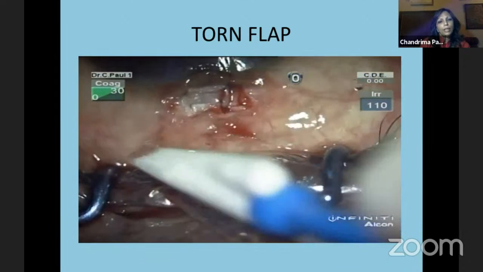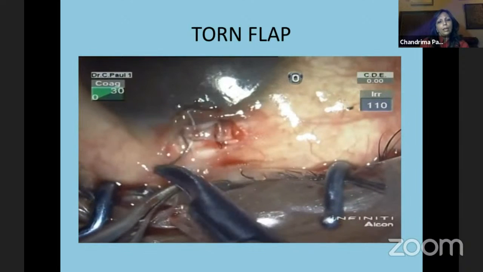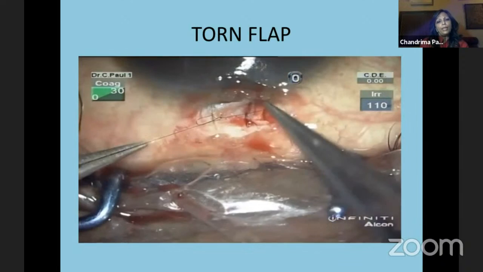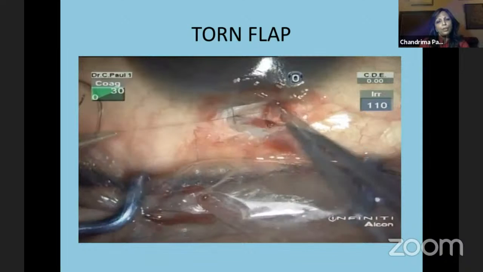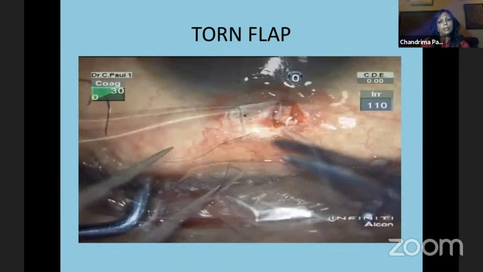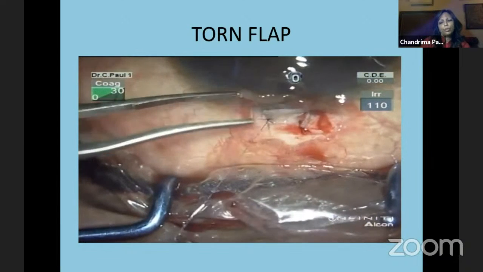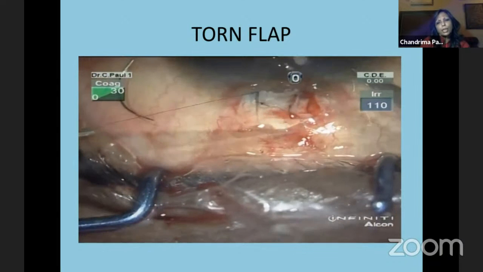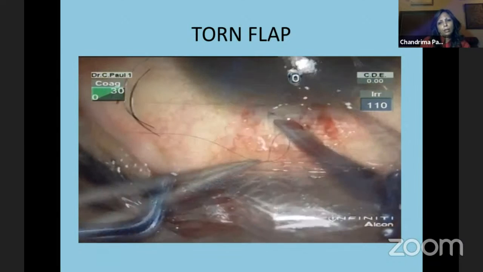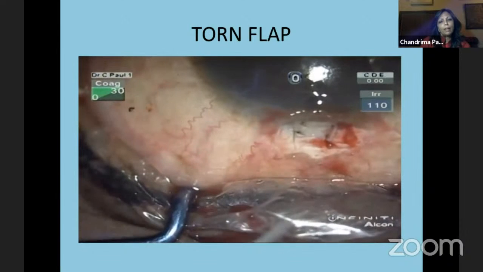And once you've done that, it's fine, and there is no need to panic. But then when it does happen, you do get panicky. So that is it actually. The flap is sutured back, and it's almost as good as a normal scleral flap.